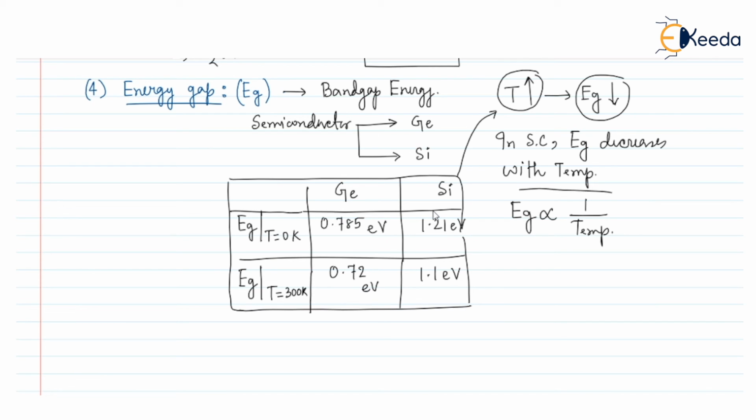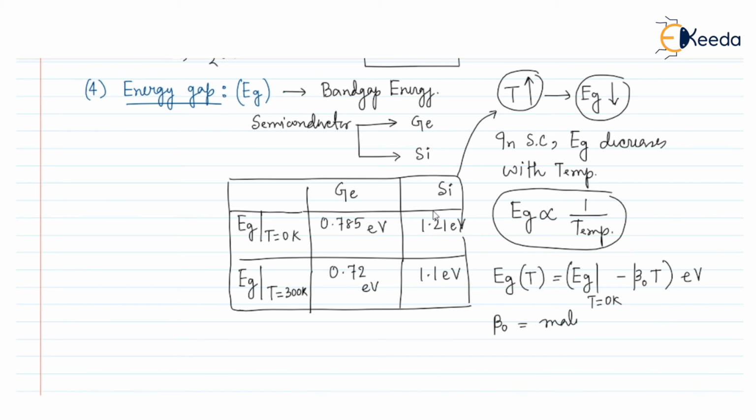This information can be written in equation form: Eg, that is the band gap energy at any temperature T, will be written as Eg at T equals 0 K minus beta 0 into capital T in electron volt, where this beta 0 is denoted as the material constant of the semiconductor, and it has a unit of electron volt per degree Kelvin.